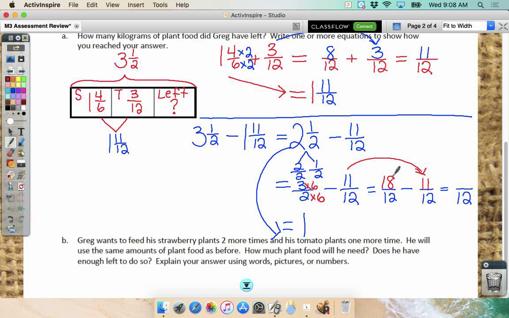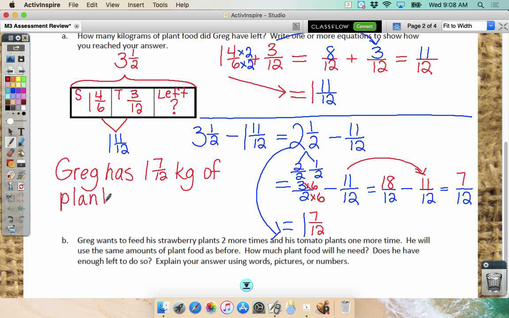So now all I have to figure out is 18 minus 11, 7. So my answer is 1 and 7 twelfths. So how much plant food does Greg have left? Okay, so Greg has 1 and 7 twelfths kilograms of plant food left.